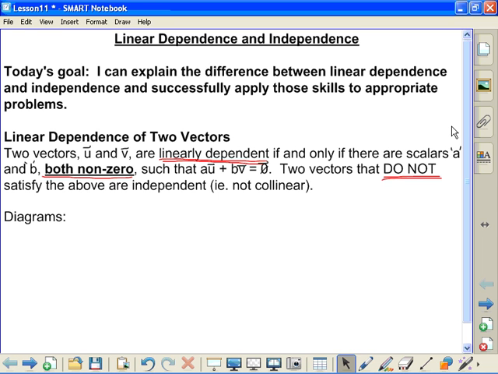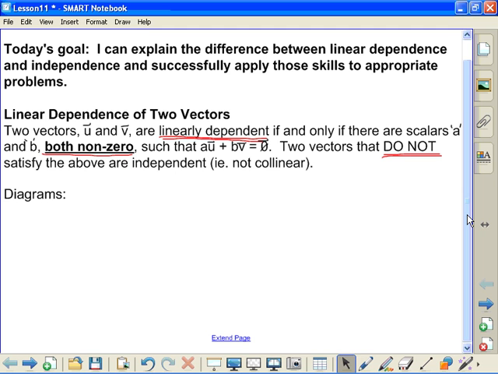So, going with a diagram on this, linear dependence. If I can create the zero vector, the only way I can create the zero vector with two vectors is that they have to get back to my starting point.